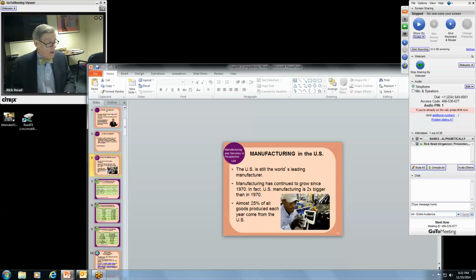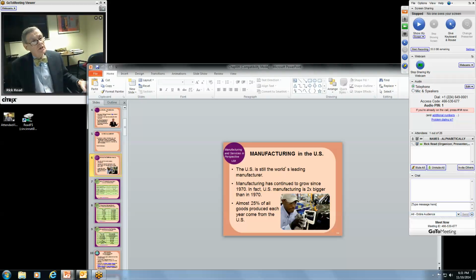Now, if you look on page 234, you're going to find some confusing information. And so you kind of have to go through it to make sure that you get the gist of what's being said here. The United States is still the world's leading manufacturer, regardless of what you read in the papers.